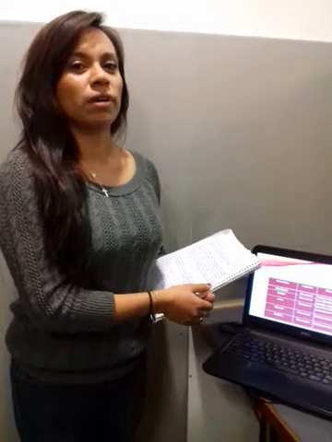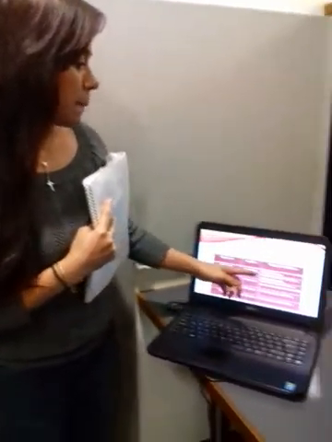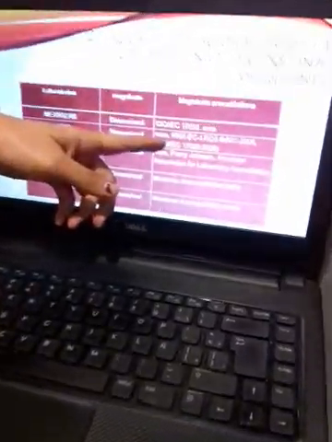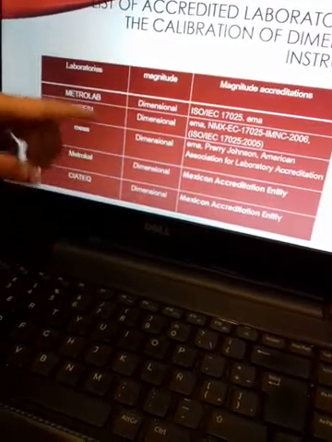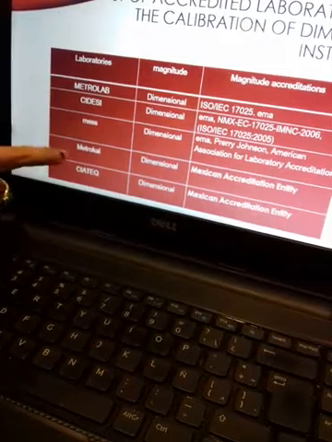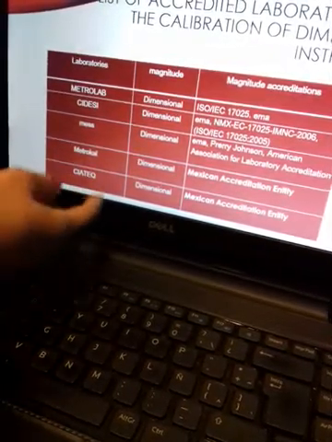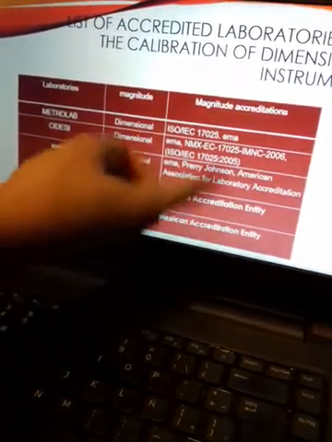I can show you the laboratories that are accredited by different institutions, and the magnitude on all of these is dimensional. Some of these are Metrolab, CDESI, MES, Metrocal, CIATEC. These laboratories need to have accreditation of the magnitude, because for us this is very important to bring traceability and reliability to the customer.